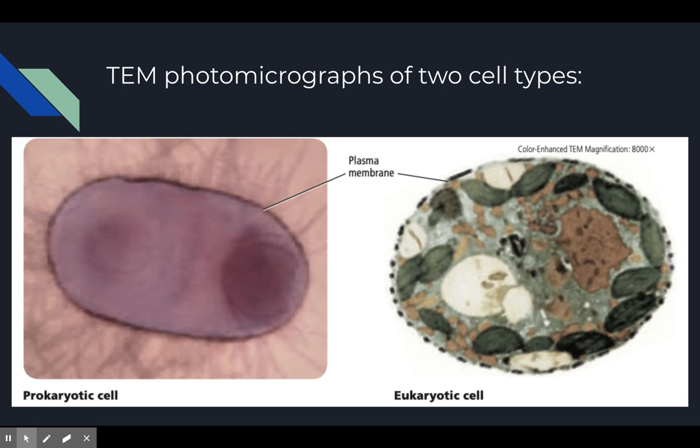Here you can't really tell that a eukaryotic cell is so much bigger than a prokaryotic cell, just because they're both magnified. But eukaryotic cells are, like the previous slide said, generally 100 times greater than a prokaryotic cell. And that's because eukaryotic cells have organelles found within them, whereas a prokaryotic cell does not.